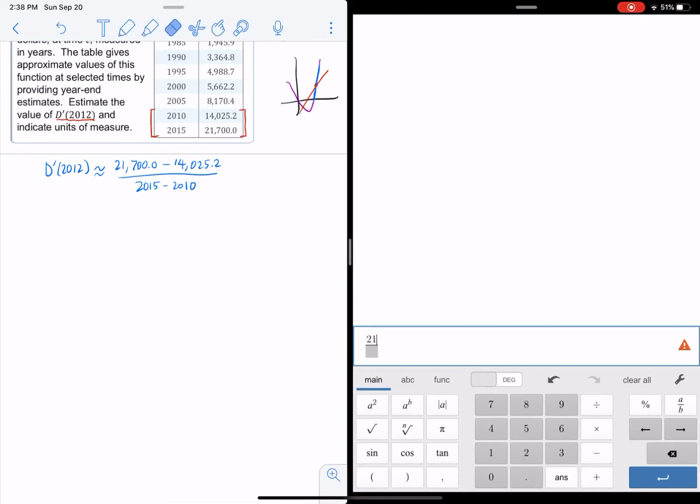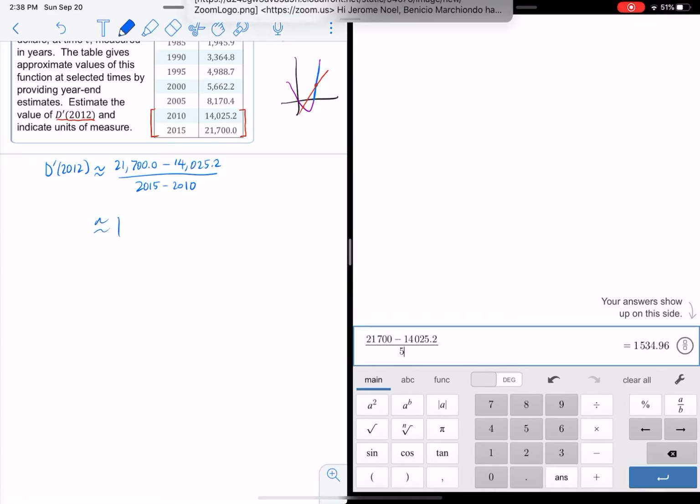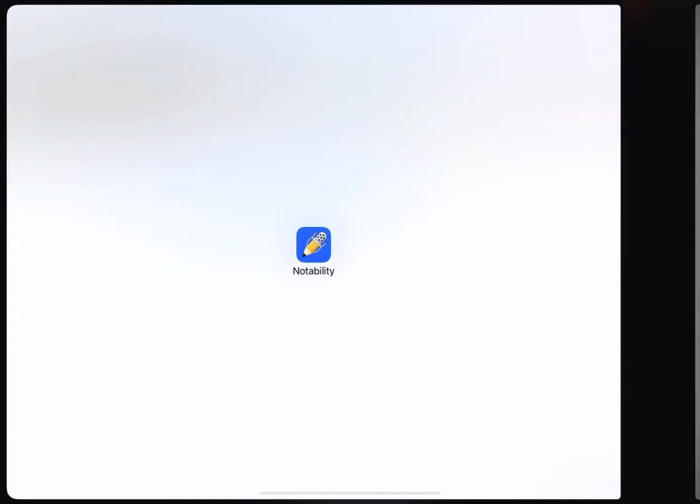That's very handy. 21,700 minus, no, it's 14,025.2, all over, and I think I can do this part in my head, just over 5. Okay, so we have 1,534.96. All right, there's the value of our derivative.